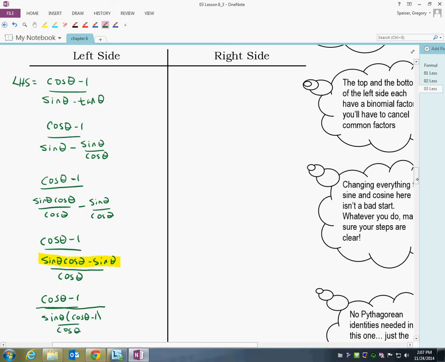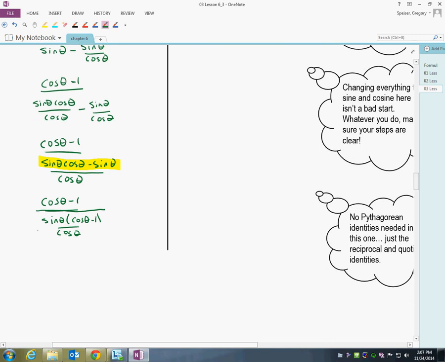Now multiplying is the same thing as multiplying by the reciprocal, so I'll get cos theta minus 1 times cos theta all over sine theta times cos theta minus 1.